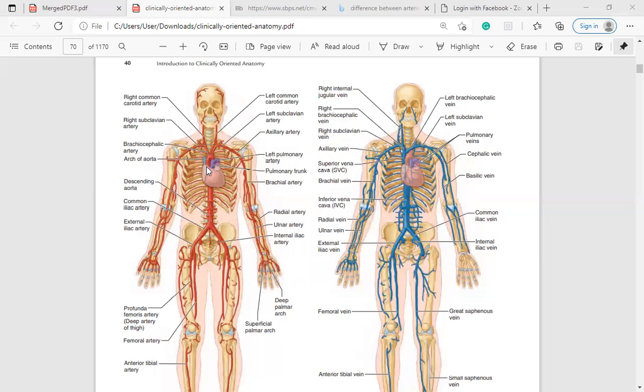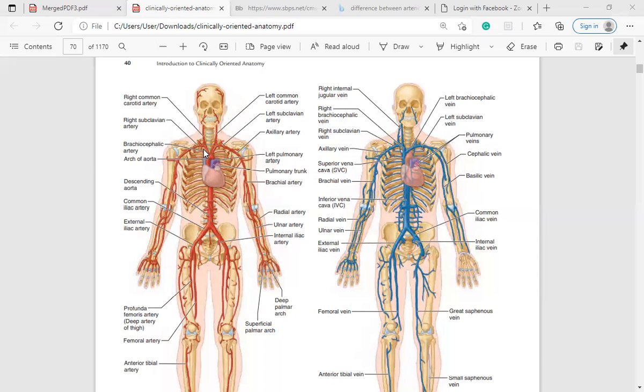Now, you will find that this aortic arch on the left side splits into two. So what are the two branches? They are the left common carotid artery and the left subclavian artery. Pay attention to this. On the left side, the aortic arch divides directly into the left common carotid artery and the left subclavian artery.